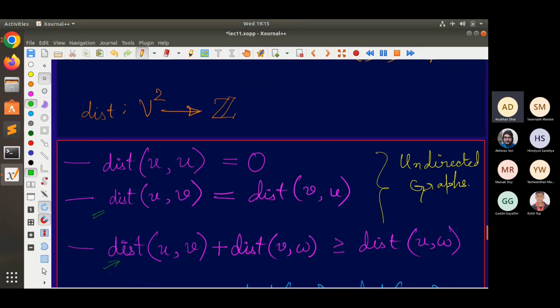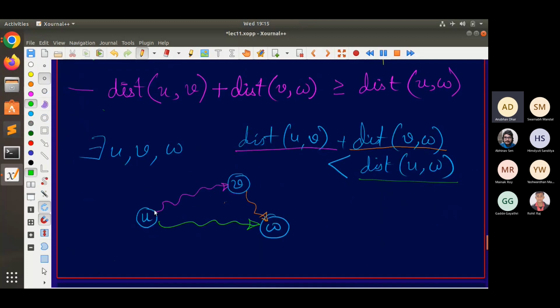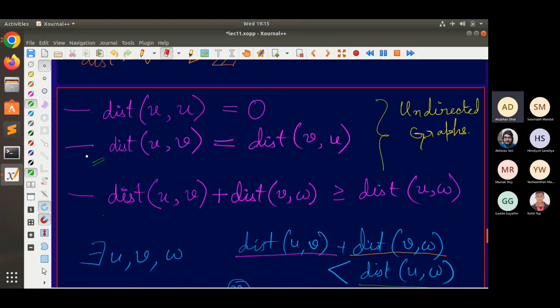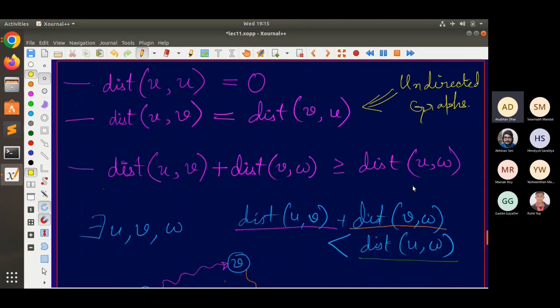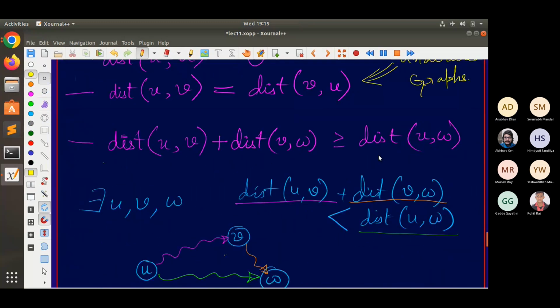This one still holds true, right? Just check, because this argument does not require you to go back the same path. So for this property to hold true, you must have undirectedness in your graph.